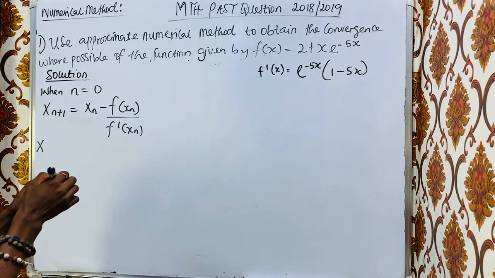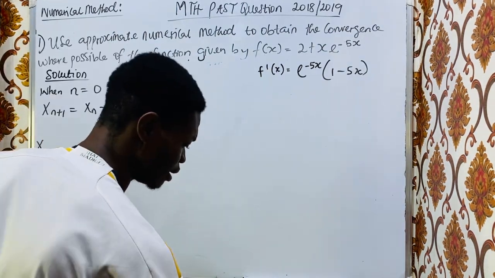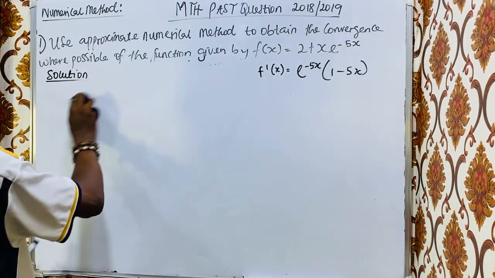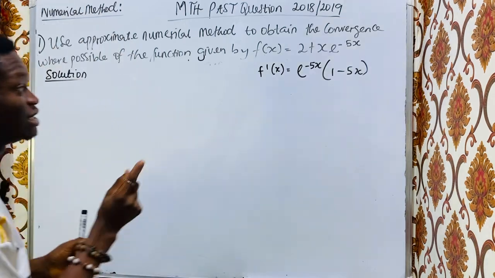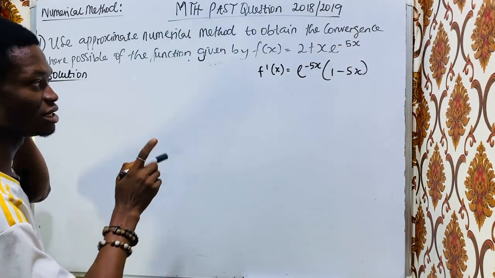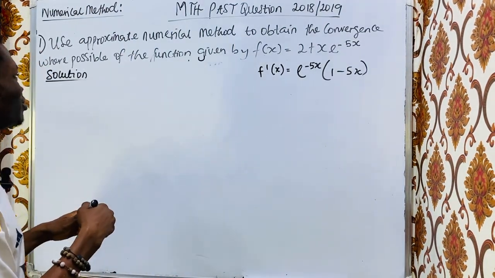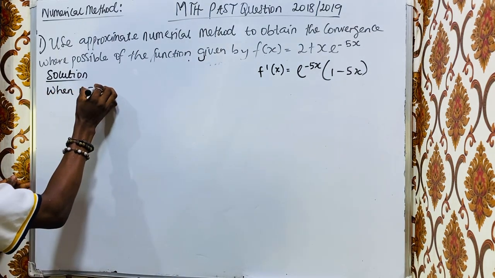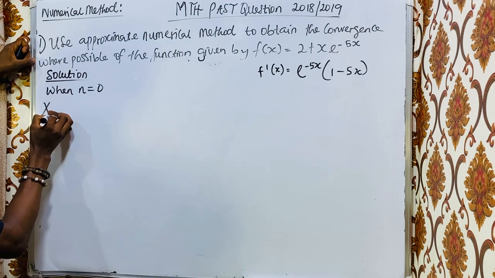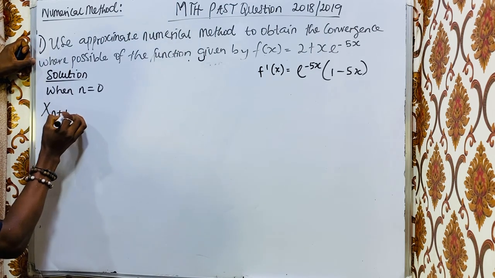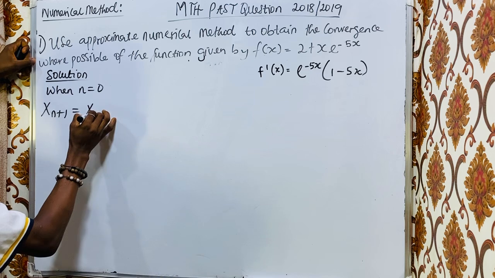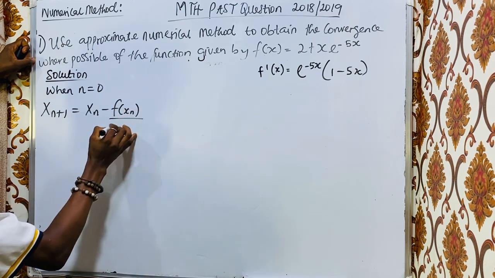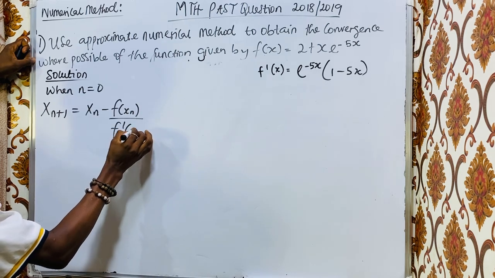Okay, but before this step, let's put when n is 0. So we are still correct in what we are doing, no problem. When n is 0, x of n plus 1 is equals to xn minus f of x sub n all over f prime of x sub n.